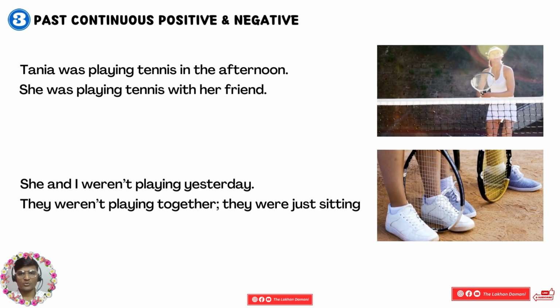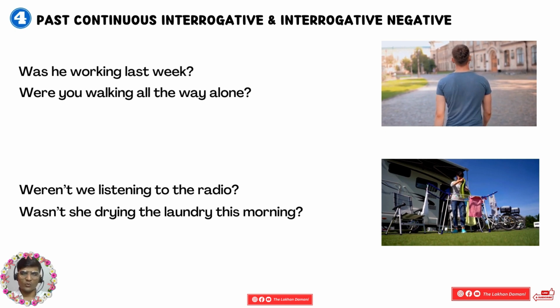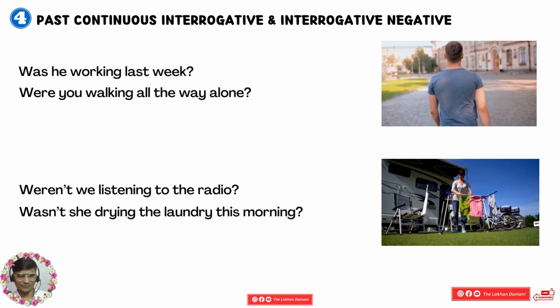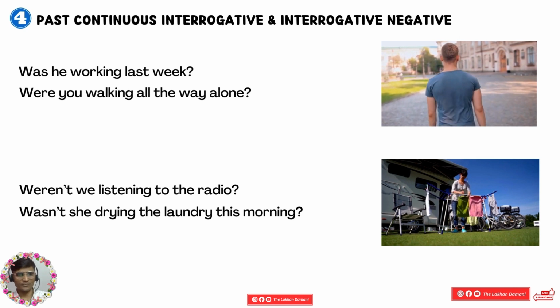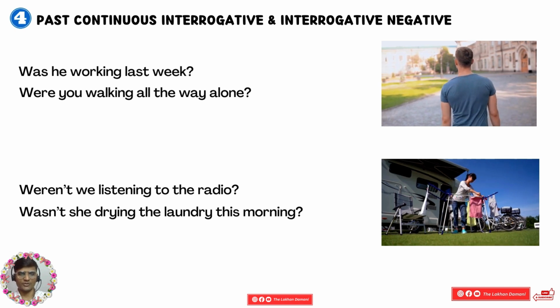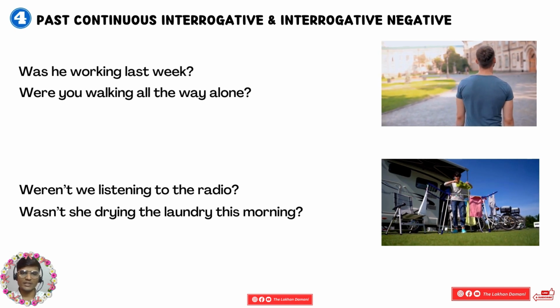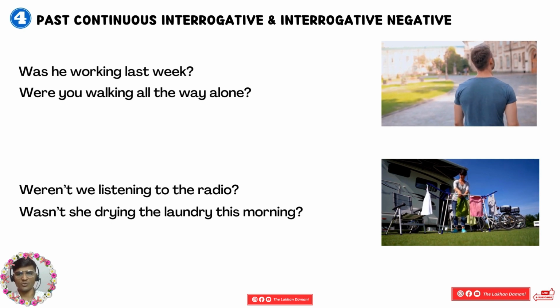So, moving to another one. Was he working last week, or were you walking all the day alone? So, were you walking all the day alone? You're asking a question, right? Weren't we listening to the radio? Wasn't she drying the laundry this morning?